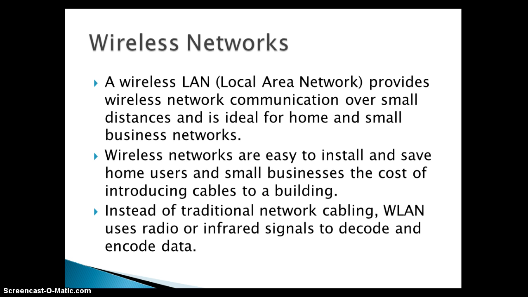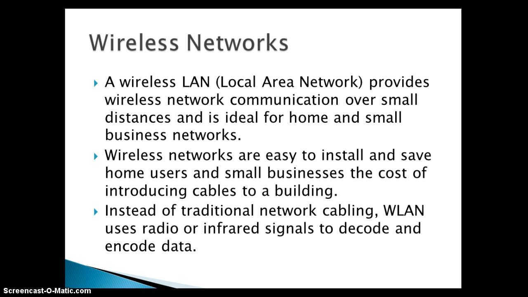A wireless LAN connection, a local area network, provides wireless network communication over small distances and is ideal for home and small business networks. Wireless networks are easy to install and save home users and small business users the cost of introducing cables to a building.